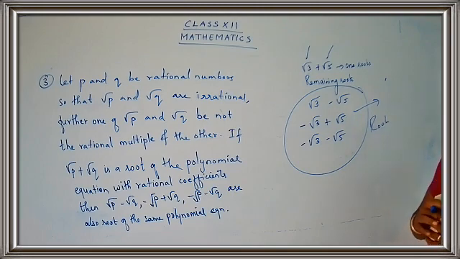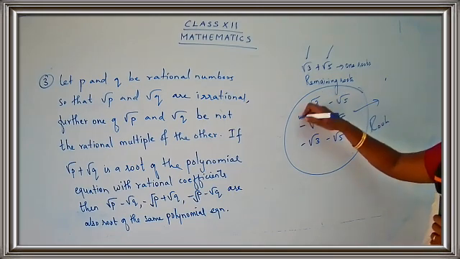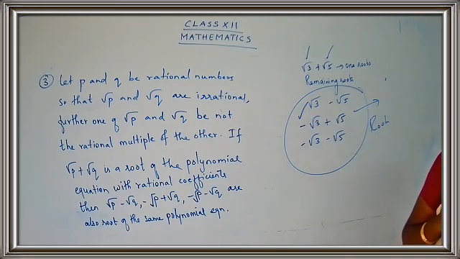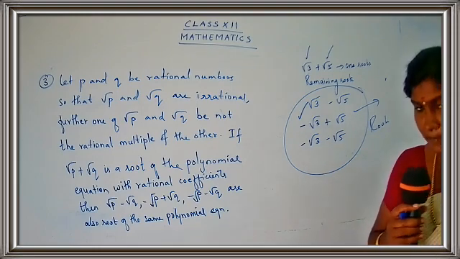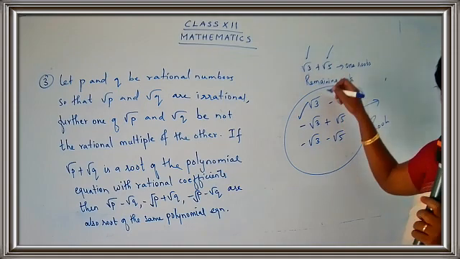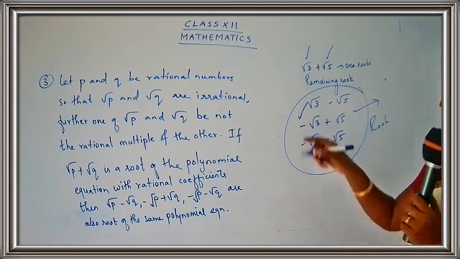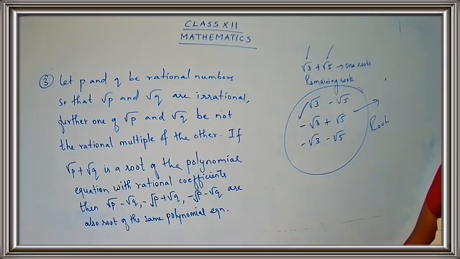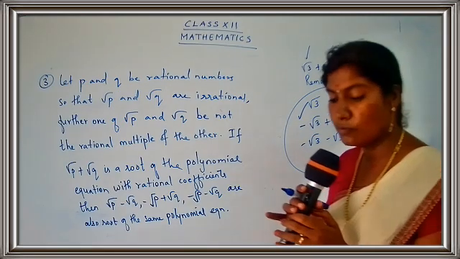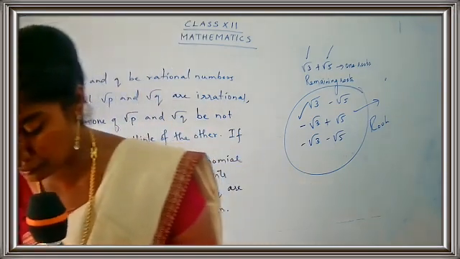Are you getting the point, children? You will use this when P and Q are rational numbers, but root P and root Q are irrational numbers. Then you can have the required roots. Now let's move to exercise 3.2.